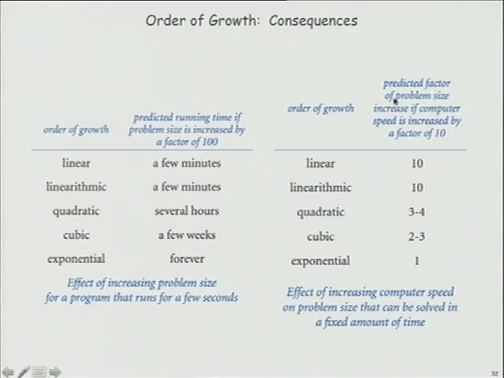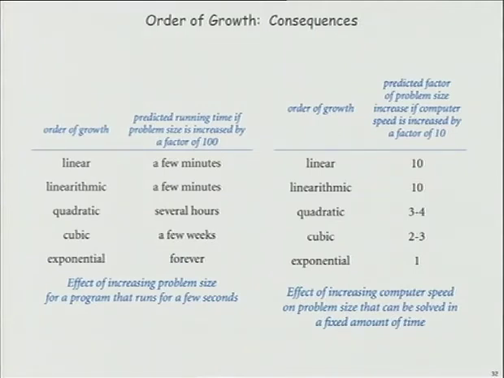Similarly, we have here the predicted factor of problem size increase if computer speed is increased by a factor of 10. So I give you a computer that's 10 times faster than the one that you currently have. Now I ask you, how much bigger can your problem be to take the same amount of time as it would on the slower computer?